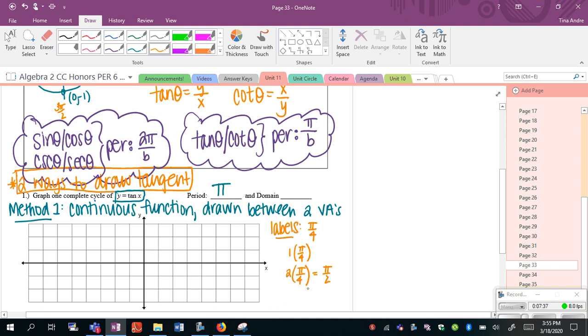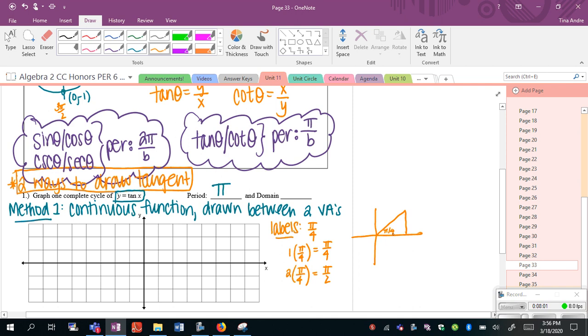So before I continue this, let's just figure out what these values would be. So my first value, at pi over 4, what is tangent of pi over 4 is what we're really asking here. So think back to the previous unit. Pi over 4 would be in the first quadrant. Now I'm not at one of the quadrantal angles. I'm at a triangle here, so pi over 4.